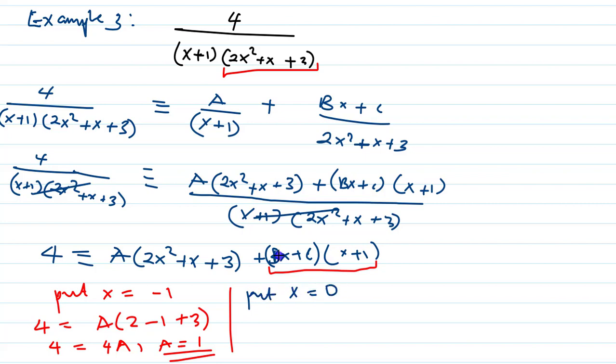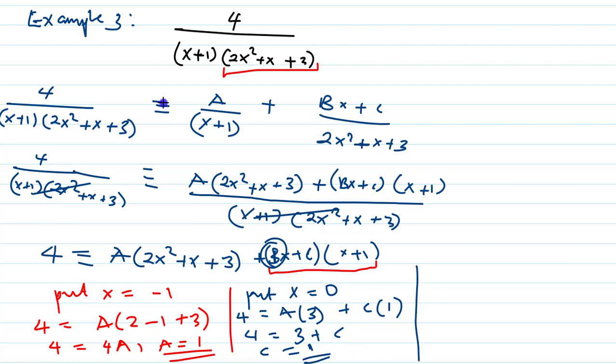We'll choose x equals 0 because that makes this to be 0, which is good for us. So I'll have 4 equals a into, that's only 3, plus c into 1. But I know what the value of a is. A is 1, so 4 equals 3 plus c, and c equals 1.